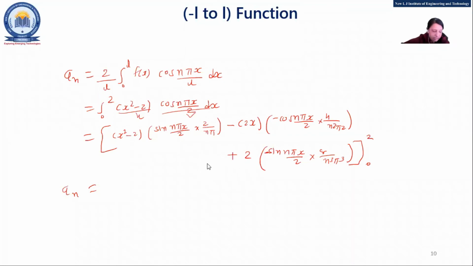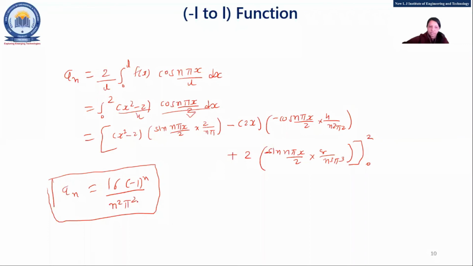Yes, that is the correct one, right? 3/4 students are getting this answer. 16 into cos n pi, that is minus 1 raised to n. You have to replace it, and upon n square pi square. This is the answer. You just calculate it by applying the upper and lower limit, but just remember this will be your answer: 16 into minus 1 raised to n.